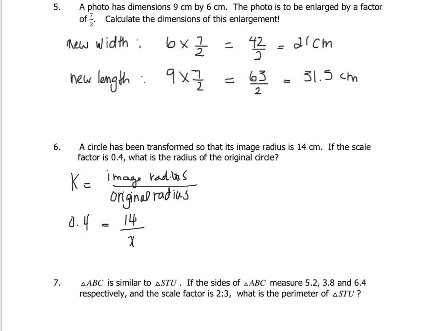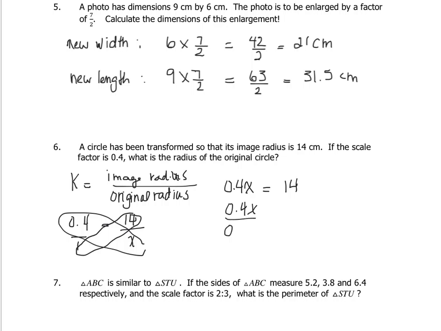And then once you've got that done, you can just put this over 1 and cross multiply. So 0.4X would equal 14, and then to get X by itself, you have to divide out the 0.4.